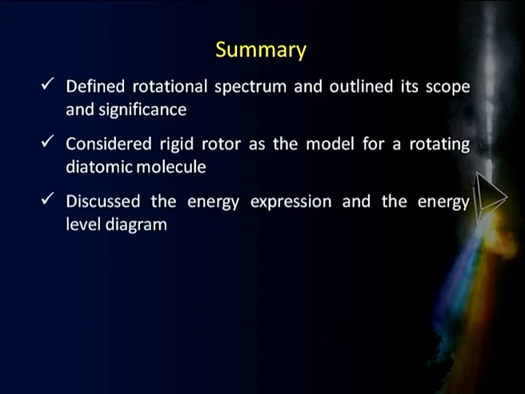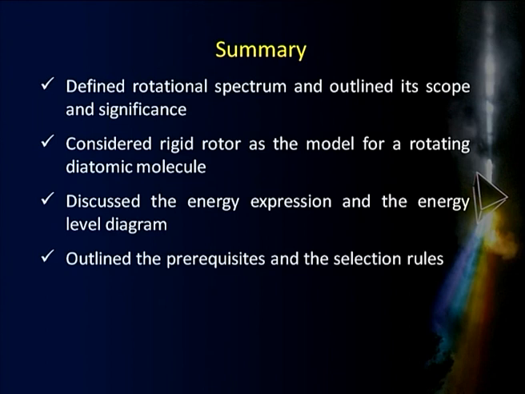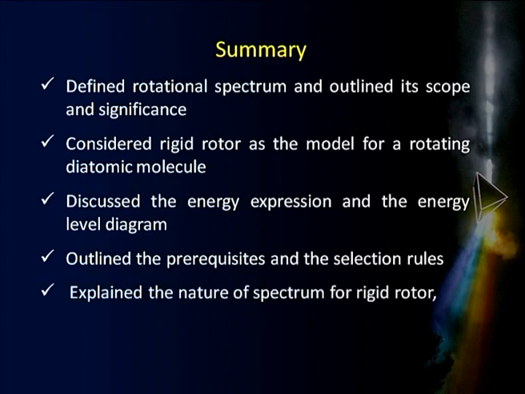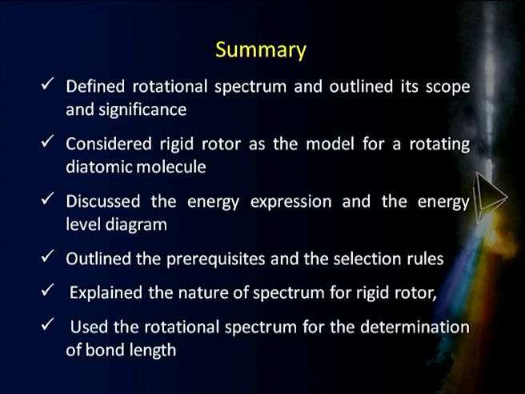Thereafter, having considered the rotating diatomic molecule to be a rigid rotor, we indicated the energy expression we get from quantum mechanics and the corresponding energy level diagram. Thereafter, we outlined the prerequisites and the selection rules for a rotational spectrum to be observed. And thereafter, we explained the nature of spectra obtained for a rigid rotor, that is, a series of lines which are equally spaced. And towards the end, we took an example to show how the rotational spectrum can be used to find out the bond length of a simple diatomic molecule.